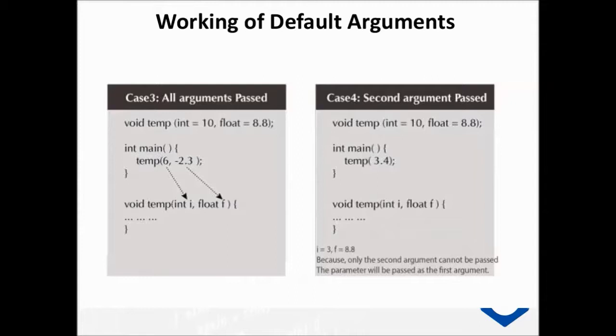But as we see, this is a floating point value, and in our function definition we write int i, where i is an integer type variable, so it behaves in an undesired way. And similarly, without filling the first parameter, the compiler did not pass this 3.4 value to the float f.